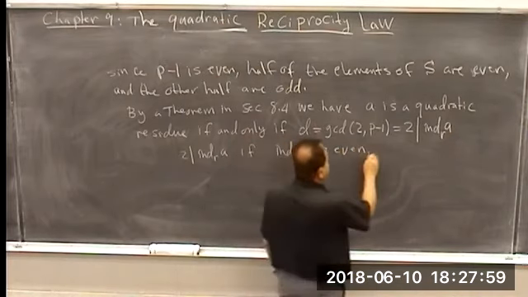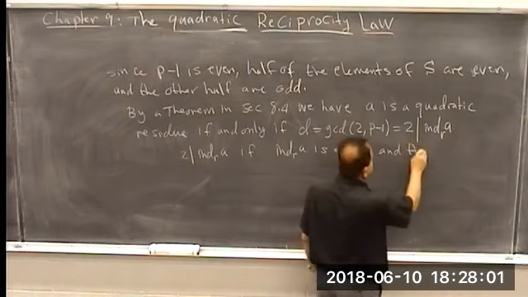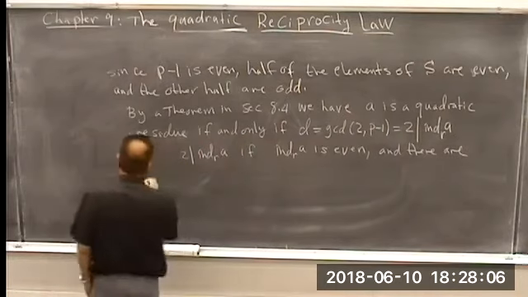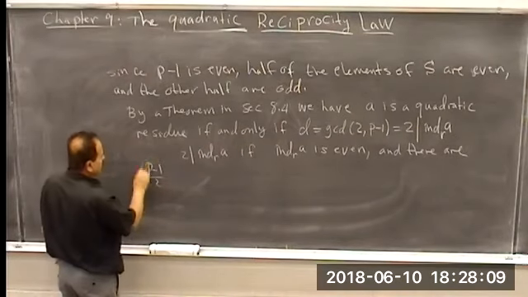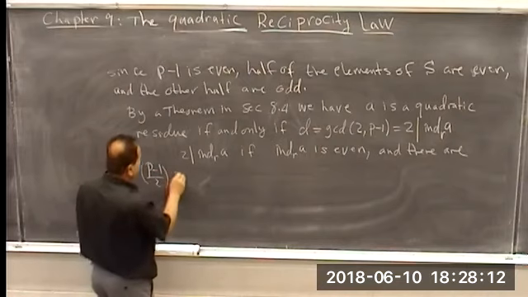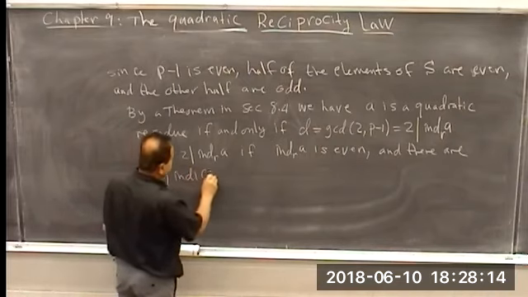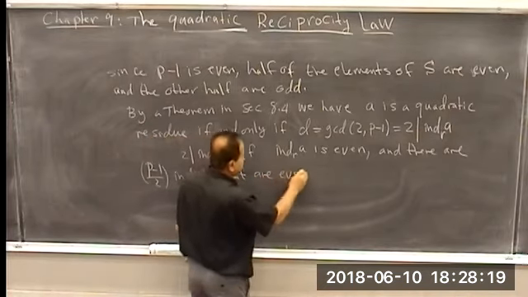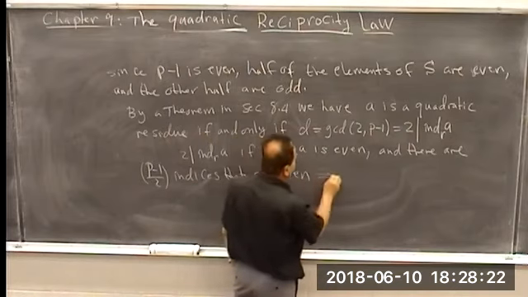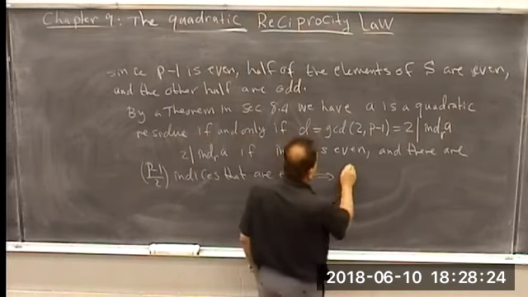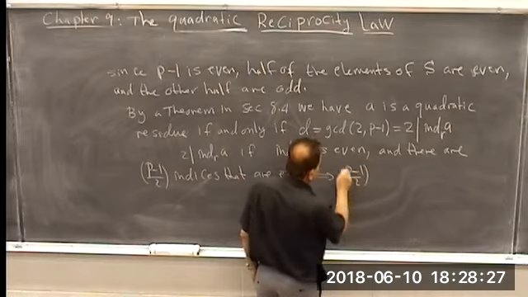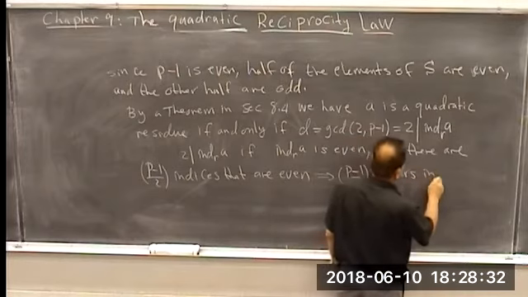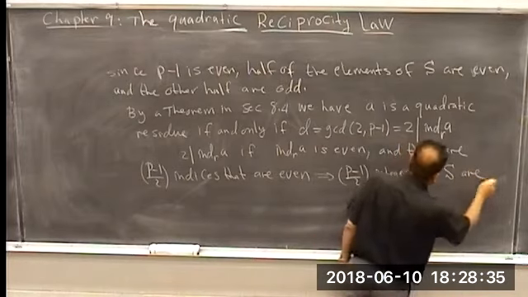And there are (p minus 1) over 2 indices that are even, which implies that (p minus 1) over 2 integers in S are quadratic residues.